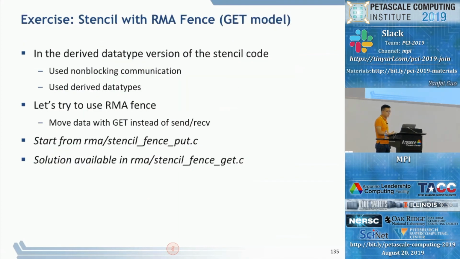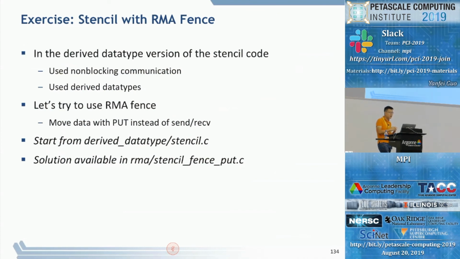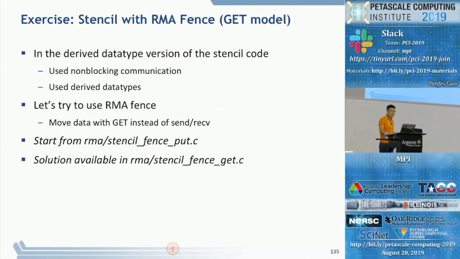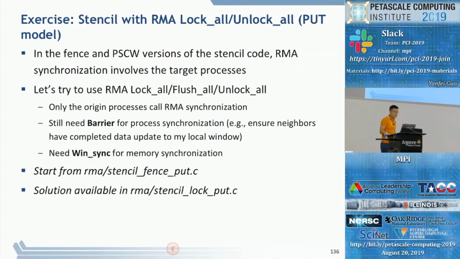Again, we have this hands-on example for you to create an RMA version of the stencil based on the derived datatype one. And if you're done with that, you can also try to use the lock and unlock model to implement it.